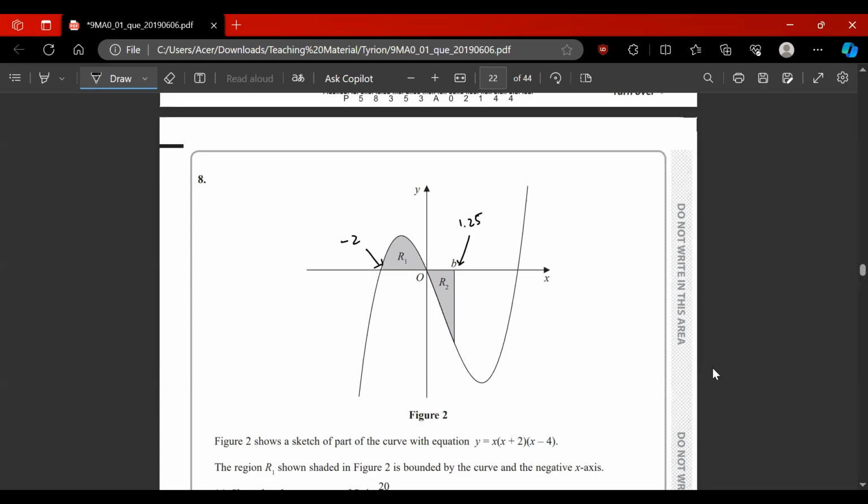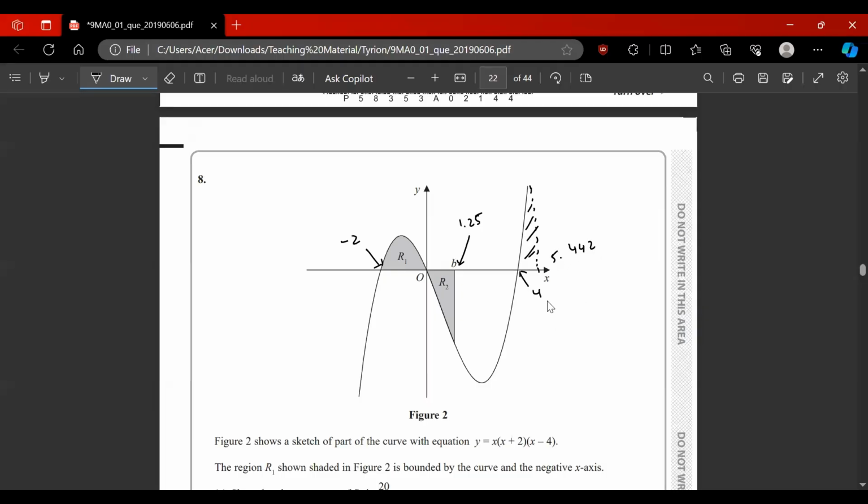And now the question is asking what's the significance of the other root, which is 5.442. Now, obviously, we know this is 4 here, and 5.442 is going to be somewhere around here. So this area is encompassed by that 5.442.